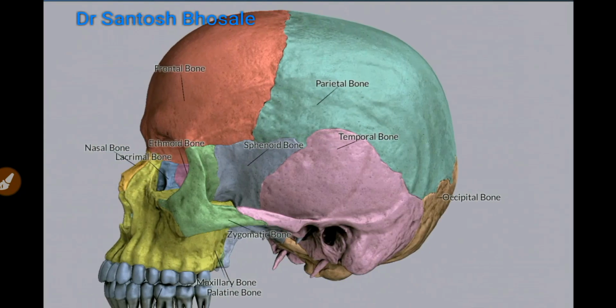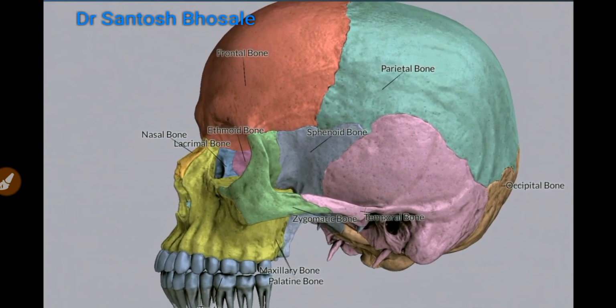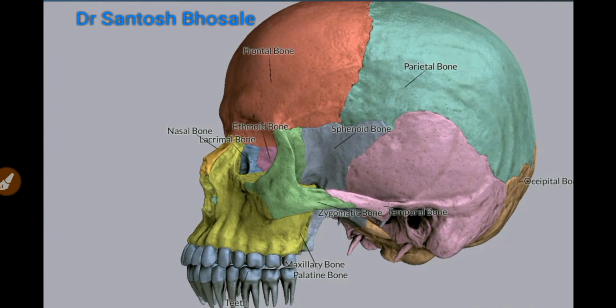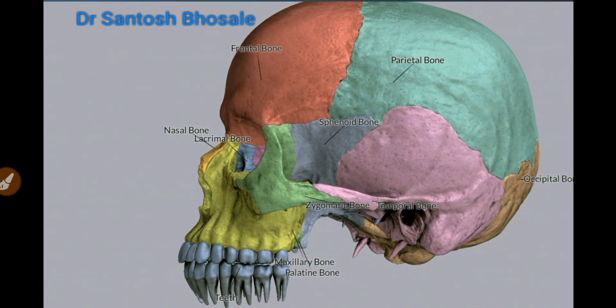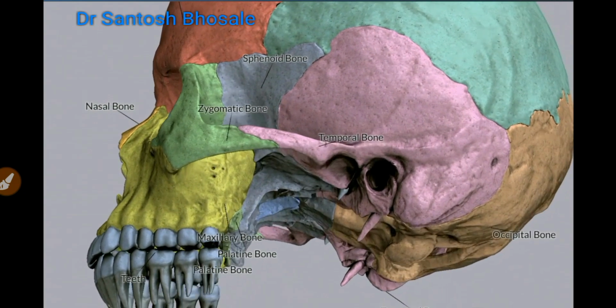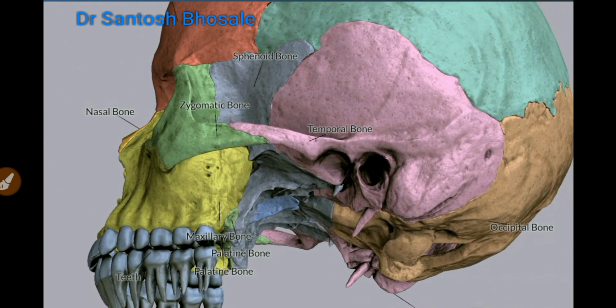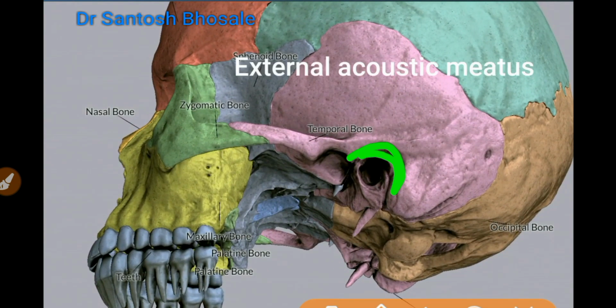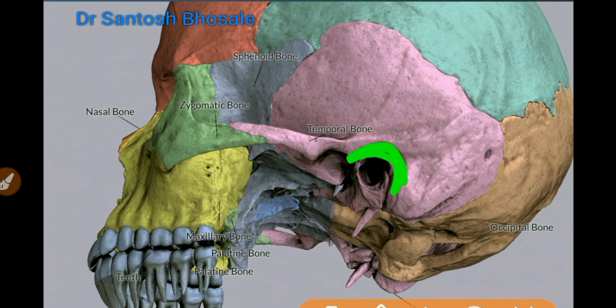And now if you see the feature here, that is external acoustic meatus, you can appreciate here, above formed by the squamous part of the temporal bone, in front and below by the tympanic part of the temporal bone.